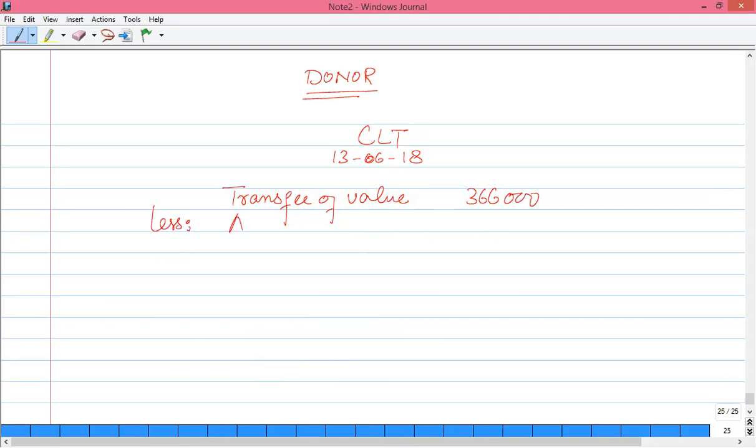Similarly, the annual exemption of 18/19 first, then 17/18, again 3,000. Now this is 360,000. As the donor is paying tax, this is considered the net chargeable amount.